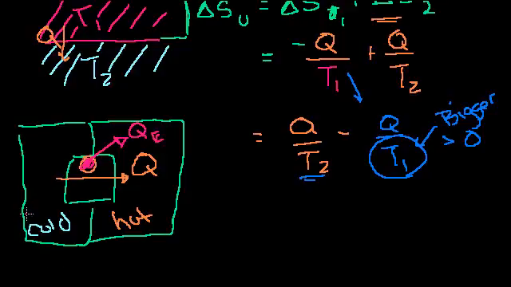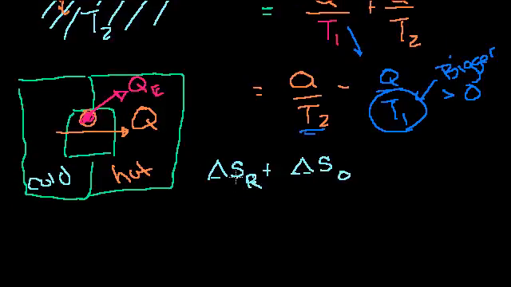So if you wanted to figure out the total entropy created, the total entropy for the universe, it would be the change in entropy of the cold room, plus the change in entropy for outside. I'll call this one for the room, right?